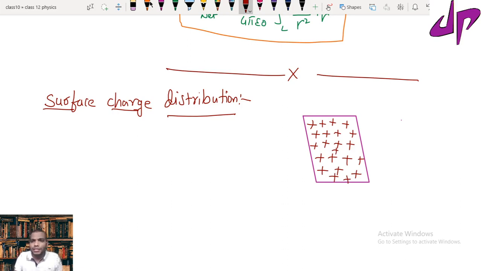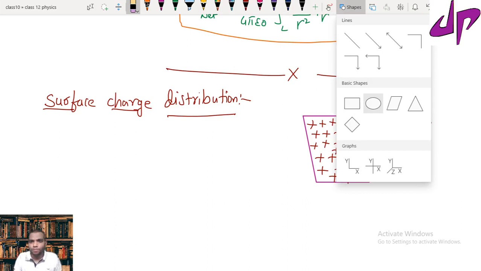Now our task is to find the electric field at a given point P because of this charged object. So we need to figure out what is the electric field at point P, which is at a distance r from this charge distribution. Now how would we proceed?